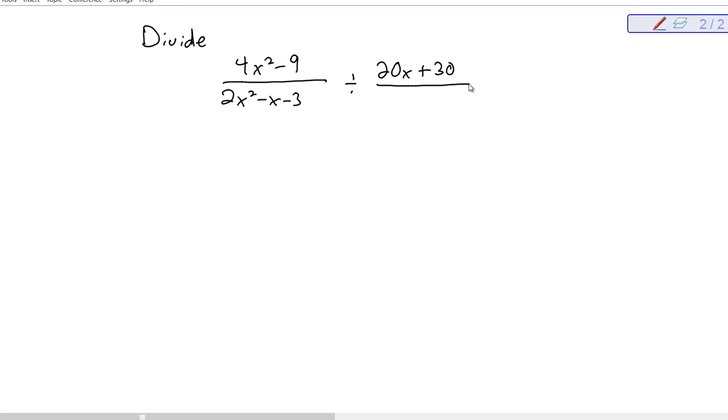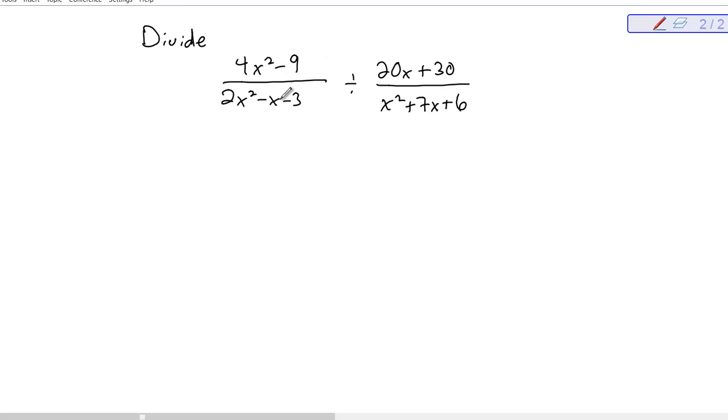Let's try one more of these, and that's going to be to divide 4x squared minus 9 over 2x squared minus x minus 3 divided by 20x plus 30 over x squared plus 7x plus 6.